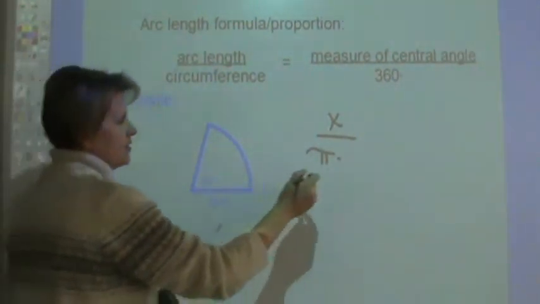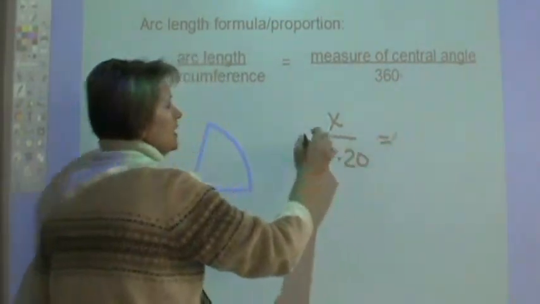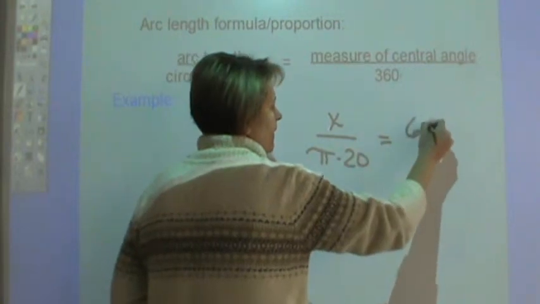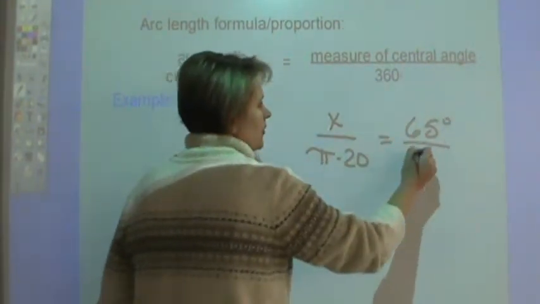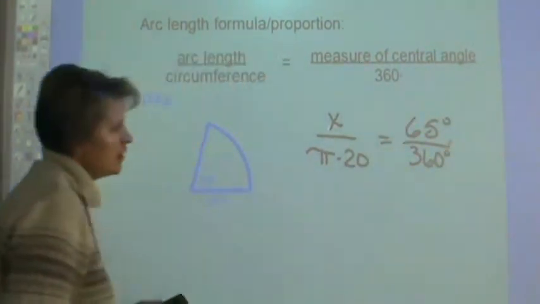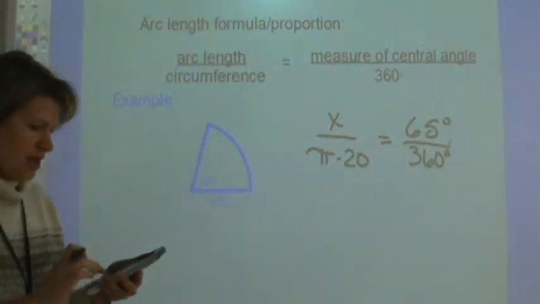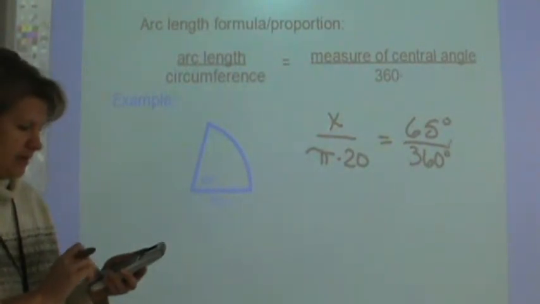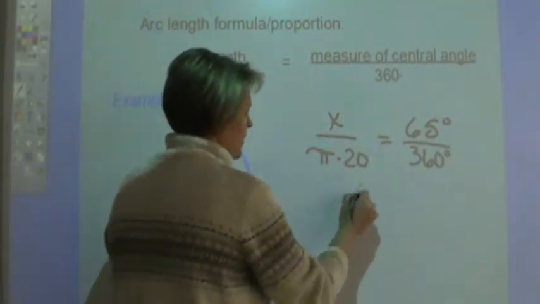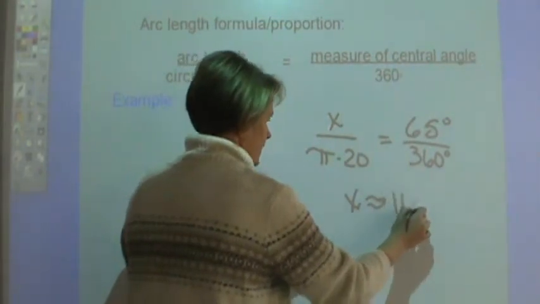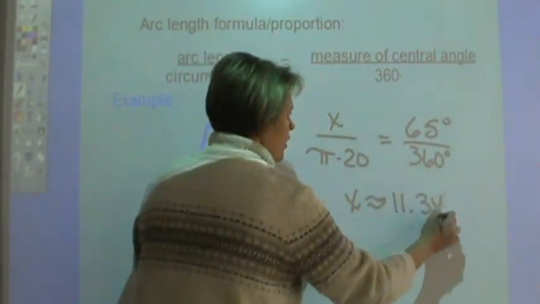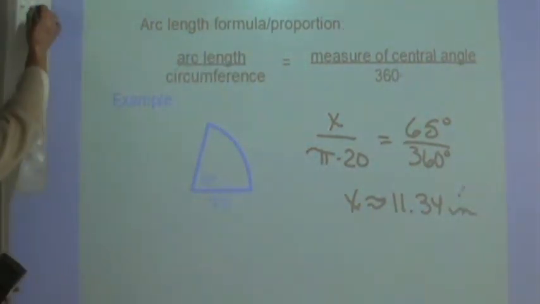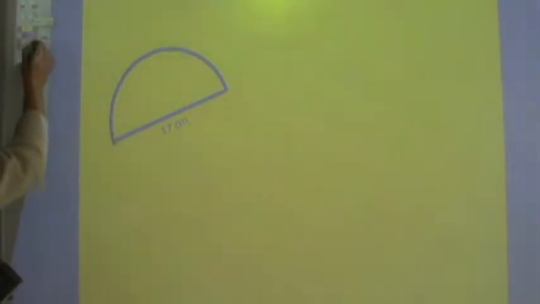My radius is 10, so my diameter would be 20. The measure of the central angle in this case is 65 degrees, and then it's always over 360. Then we're just going to cross multiply in our calculator. So pi times 20 times 65 divided by 360 gets me about 11.34 inches.